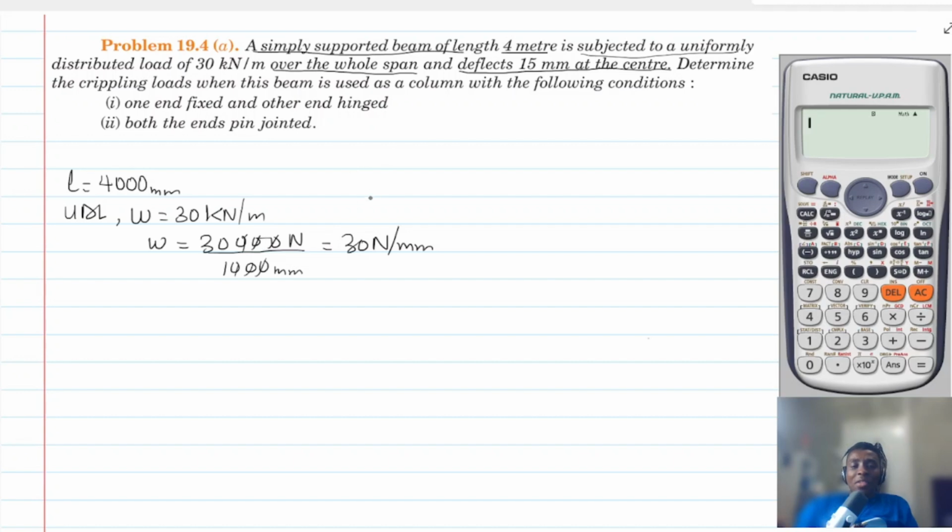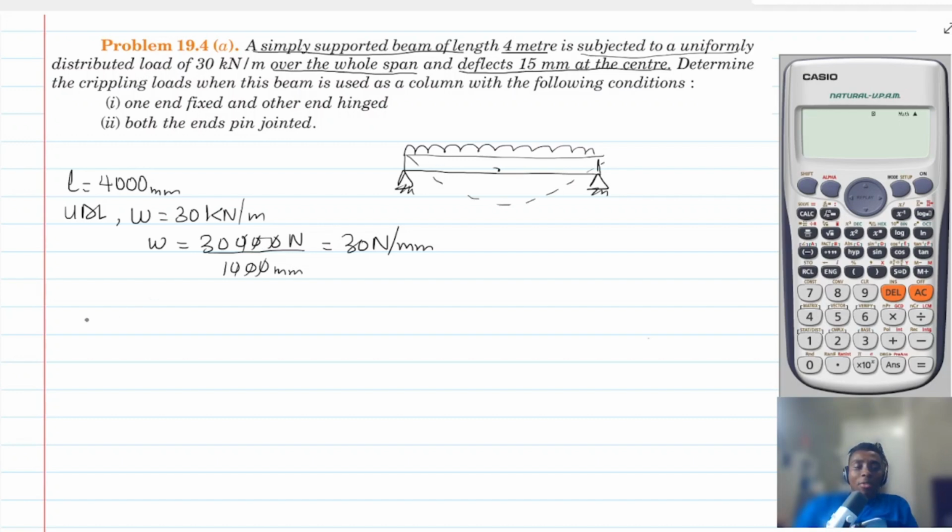So I've done a video about the deflection of a beam when I have a simply supported beam with a UDL. If you watch the video, you realize that if you have a simply supported beam with this form of UDL, the maximum deflection will occur at the center.